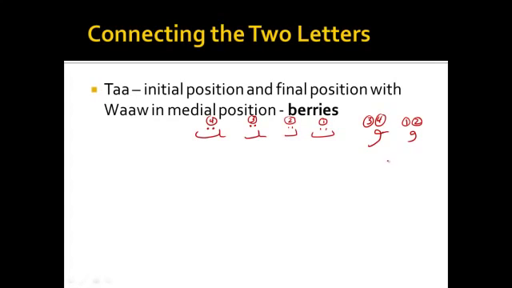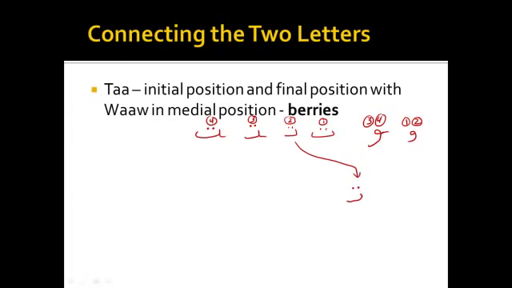Now, we want to write this word, toot, okay? So we hear the ta at the beginning, and because there's no letter previous to it, it's going to be number 2, okay? So we're going to choose this one here, and we say toot.